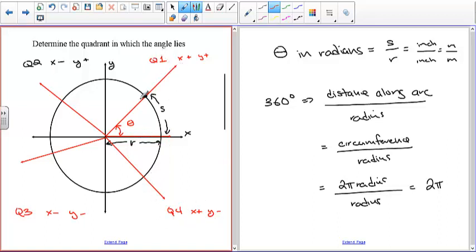So you start here where both x and y are positive, and then you rotate around counterclockwise. The first thing you come to is the second quadrant. That's why it's Q2. Then you come into the third quadrant, where both x and y are negative. Then you come into the fourth quadrant where x is positive, y is negative, and then you start all over again.